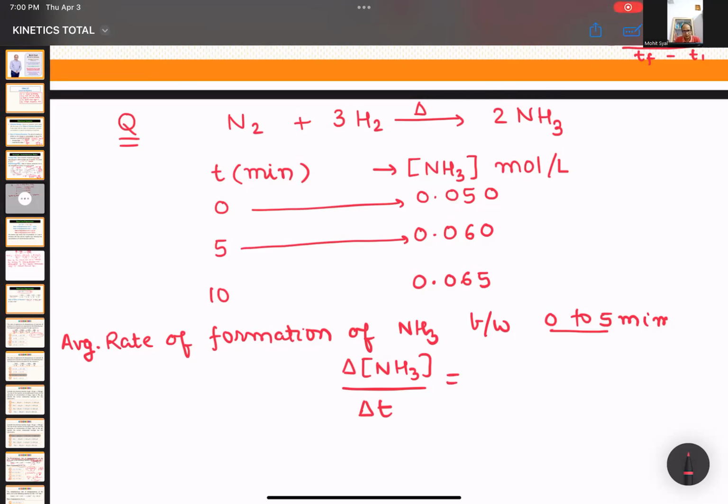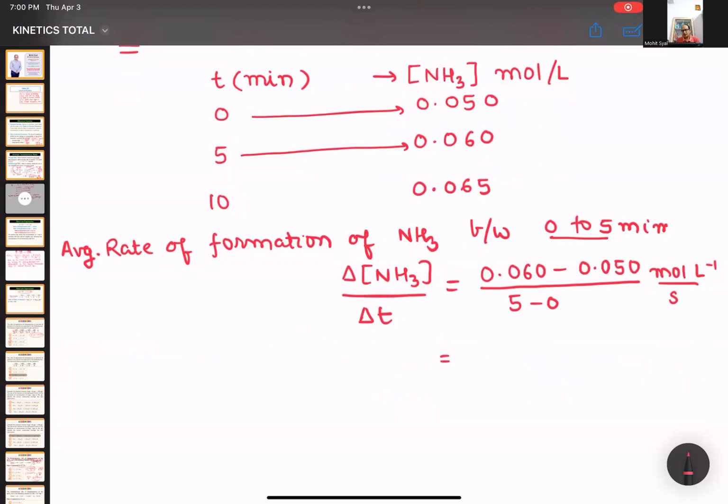Understood? So final concentration 0.060 minus initial concentration 0.050, divided by the time. And how much is the time? 5 minus 0. If I take the difference, it is 0.010 divided by 5.